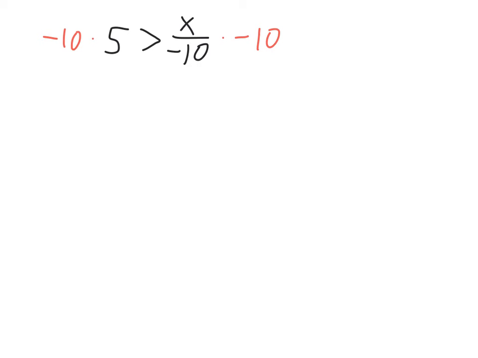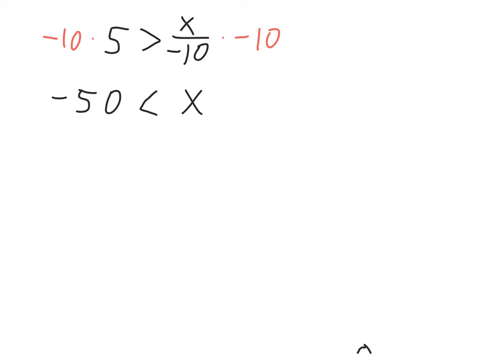So on the left side that leaves us with negative 50. On the right side that leaves us with x, but we multiplied both sides by a negative number, so we have to switch this sign. So that's going to turn to less than. So negative 50 is less than x.